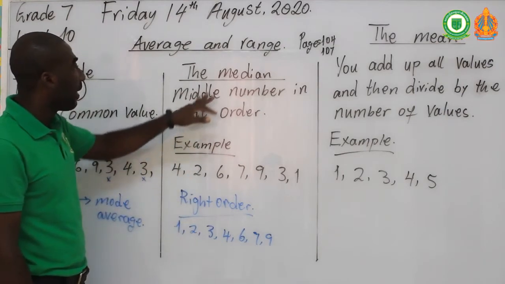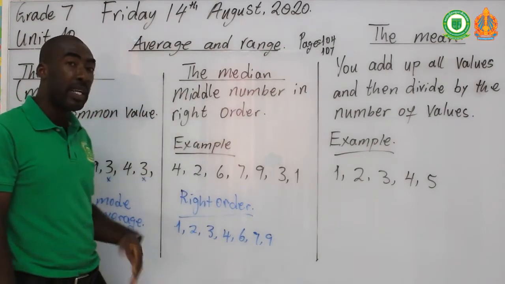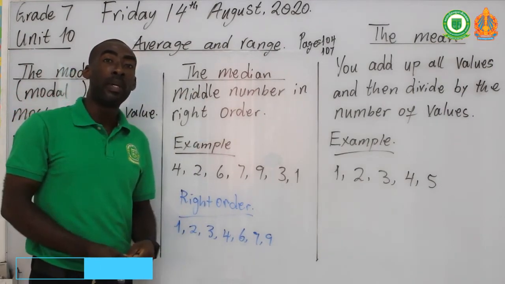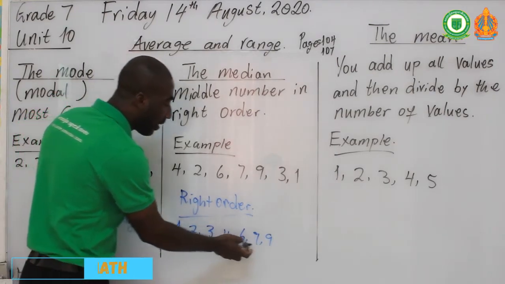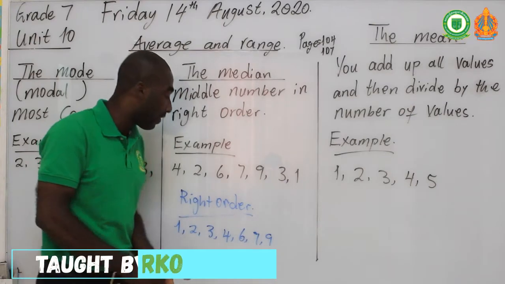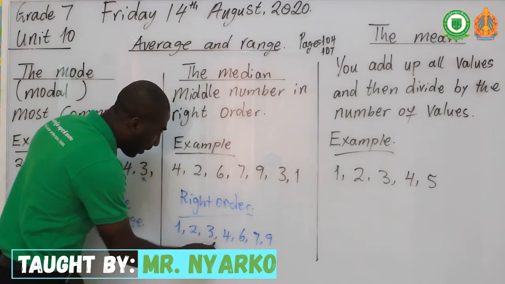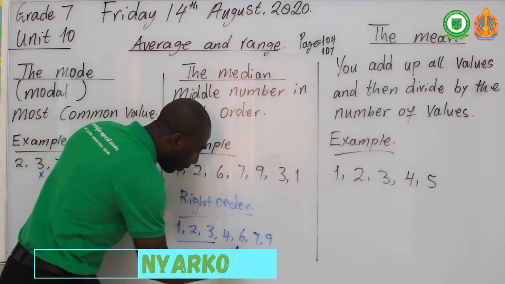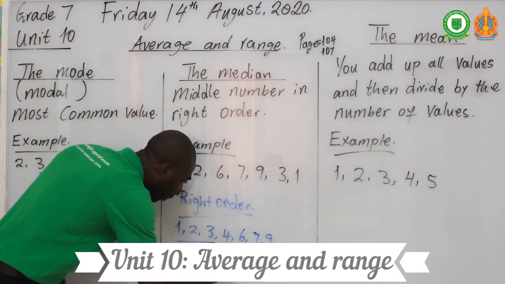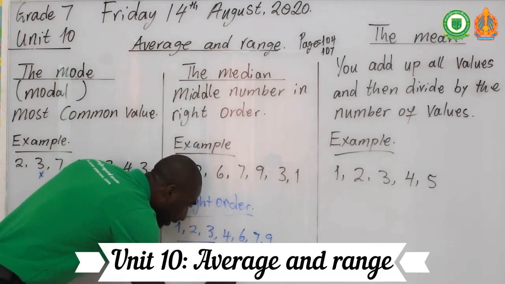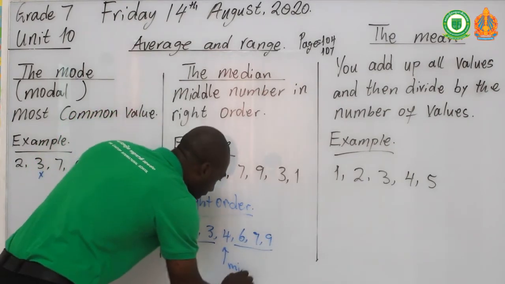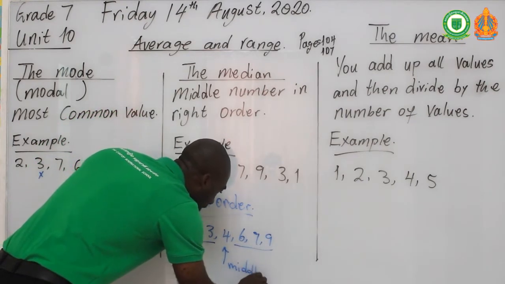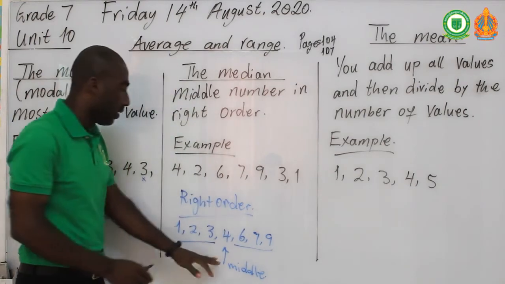Now to find the median of these numbers, we are going to look for the number that is in the middle. We count: 1, 2, 3, 4, 5, 6, 7. So we have 7 numbers. If we take this 3 and then this 3, 4 is in the middle.